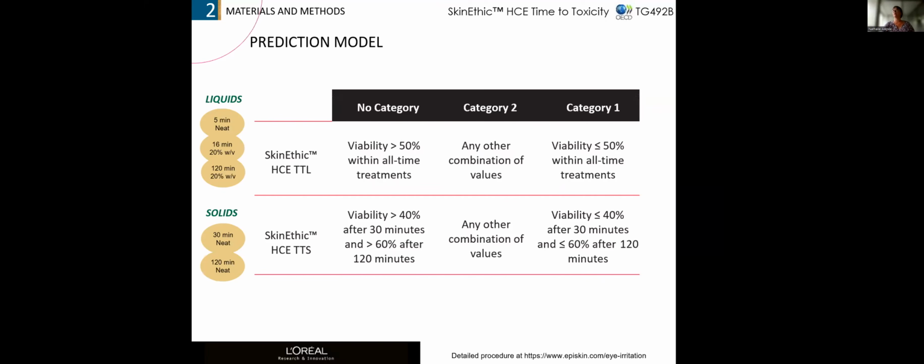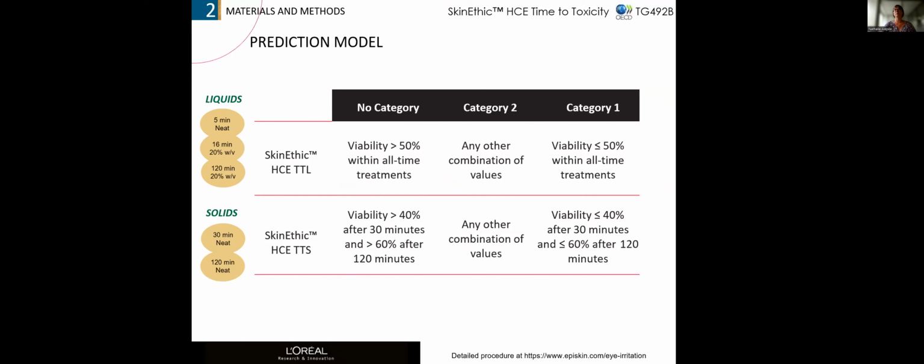Based on the viability observed from the different exposure periods, the three for liquids and two for solids, we could define a classification, assigned as described in this table.